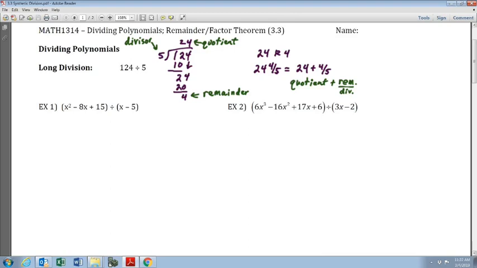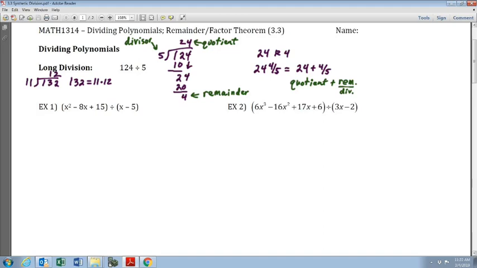All right, and then the other thing I want to talk about is checking our answer. Now look at this problem I just put up here. If you're dividing 132 by 11, you would get 12, and there would be no remainder. And the way you could check yourself is by doing multiplication, since multiplication is the opposite of division. So 132 should equal 11 times 12, which is true.